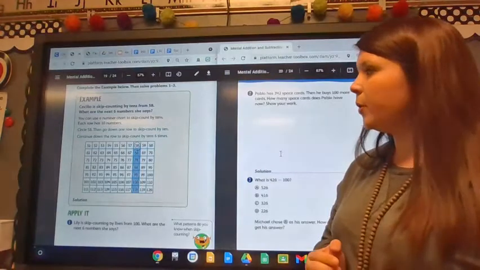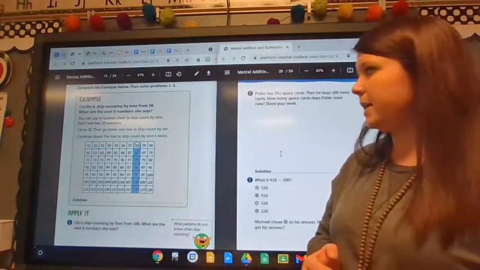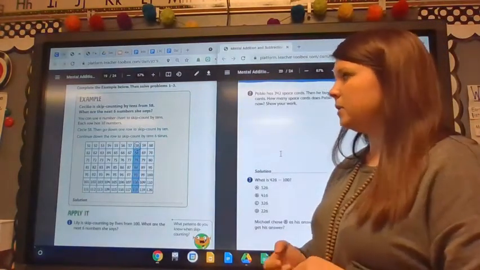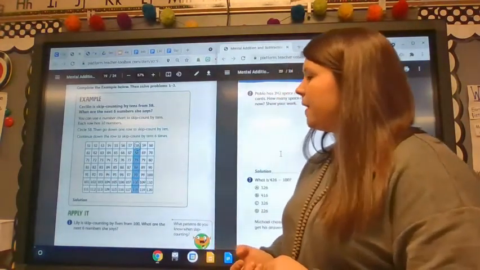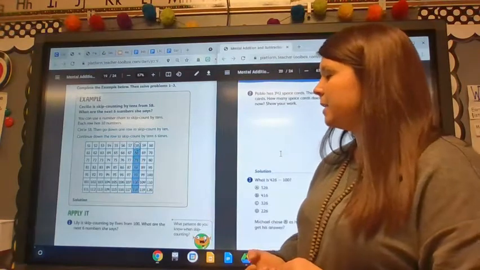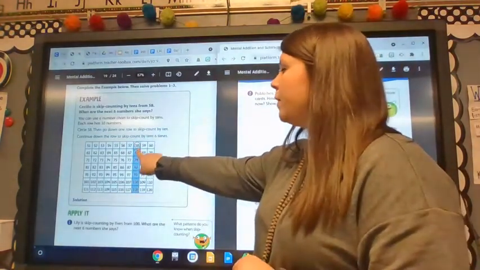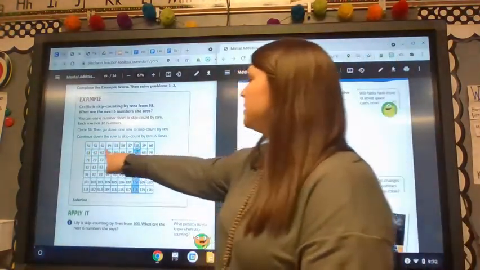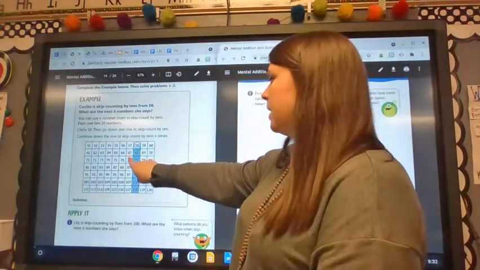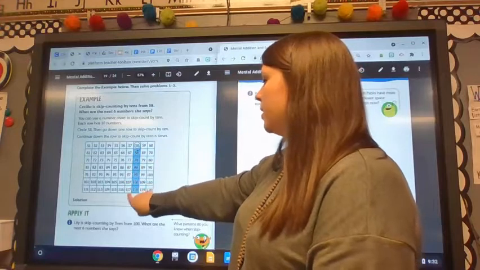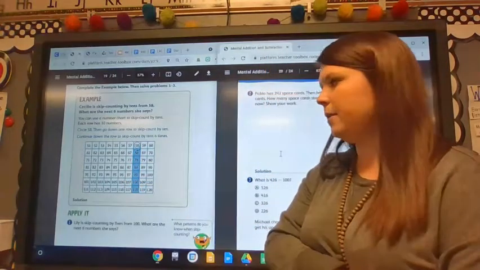You can use a number chart to skip count by tens. Each row has 10. So it's telling us what to do. First, they circled 58. Then they counted by tens, which remember is just one row down because there are 10 numbers in between 58 and 68. Then she counts down 6 times, 78, 88, 98, 108, and 118.